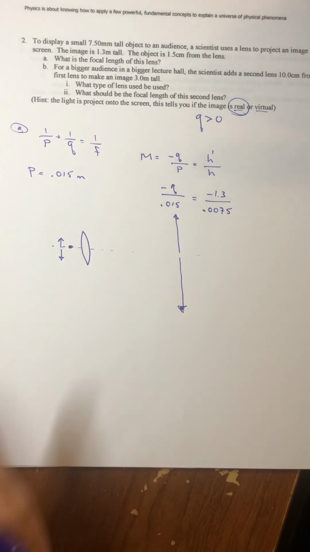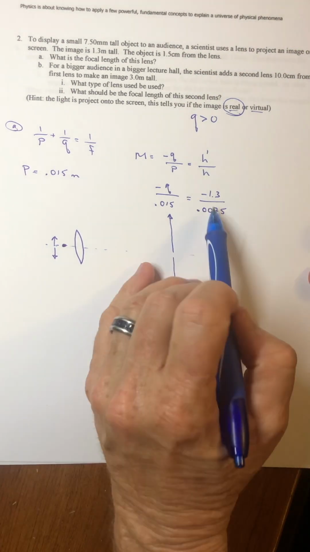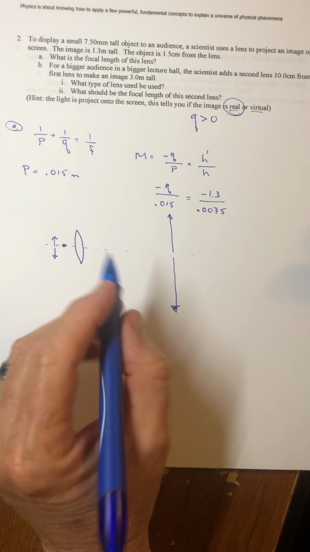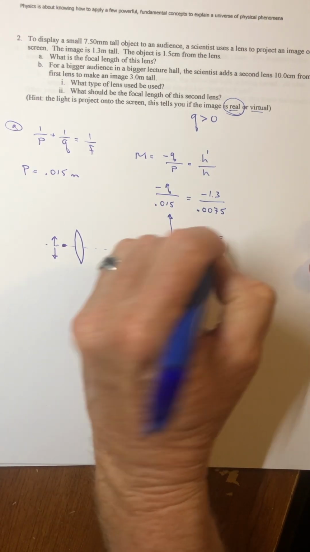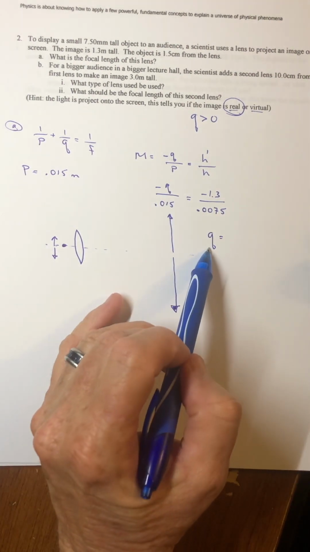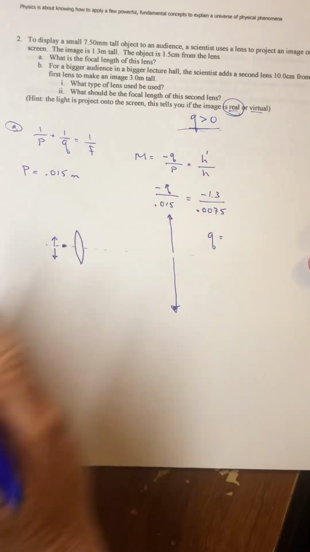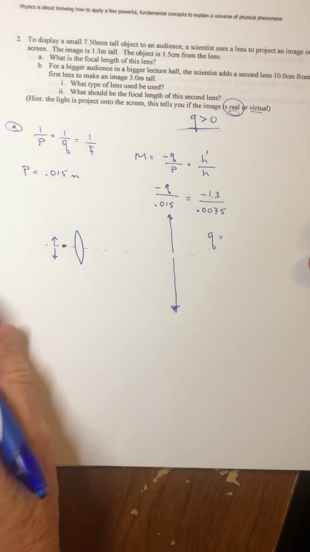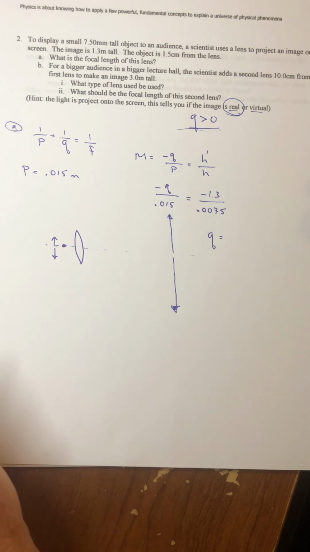My point is that you might overlook this negative. Although if you do, then you're going to come up with a negative Q. And hopefully that will bother you, and you'll pause and say, I can't have a negative Q. It's a real image.